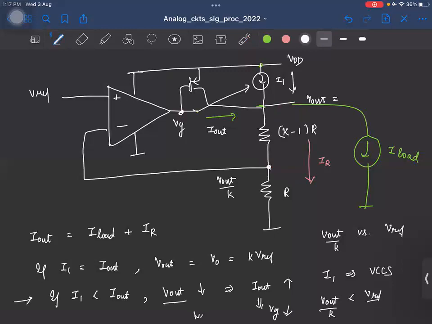So we want to reduce VG. So what is the change I have to make here? No, this is the voltage controlled current source, right? Yeah, but if you put an NMOS, remember the source voltage is now connected to V out, right? It is not a very clean way.